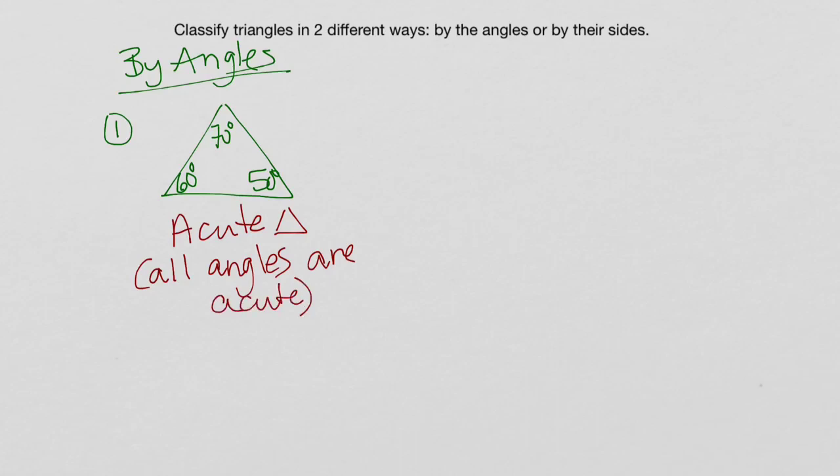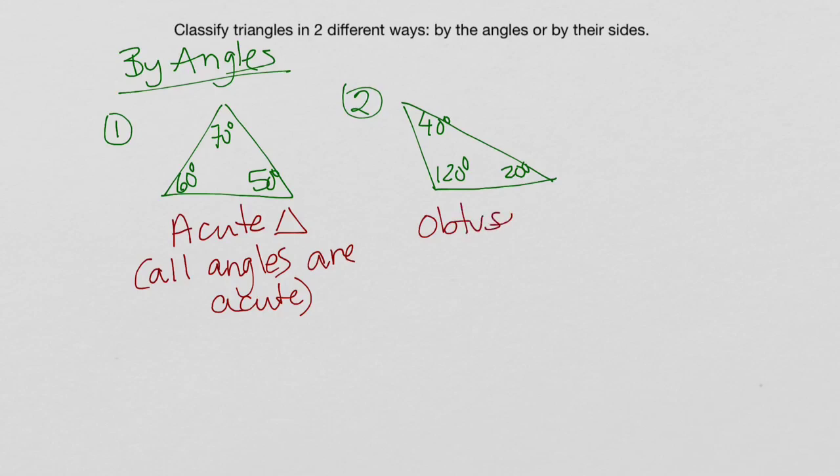Okay. A second type of triangle, let's say I tell you that this is 40 degrees, 120 degrees, and 20 degrees. This is called an obtuse triangle. And remember from our angles, an obtuse angle is one between 90 and 180.